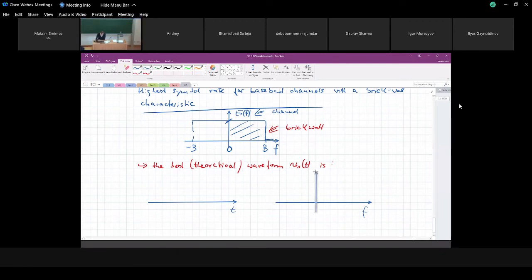Here this is the Fourier transform and this is our pulse. So this is C1 of T. And this is just a sinc pulse. So this is a possible waveform which exactly fulfills this characteristic. It's a sinc pulse, sinc function.